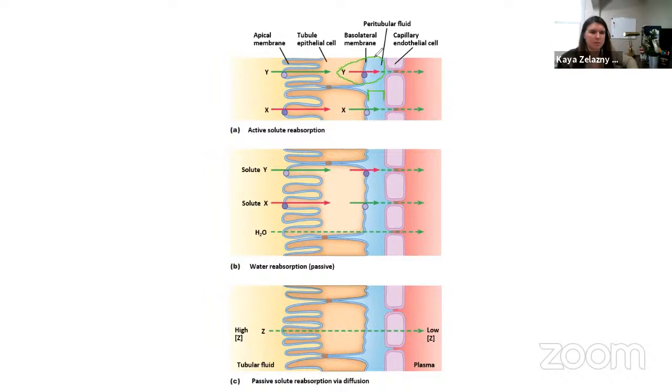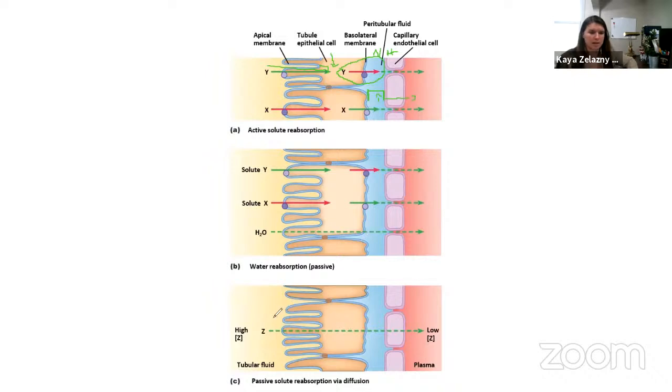So we pump sodium into this peritubular fluid, which is creating low sodium inside the cell, which means that sodium moves passively down its gradient towards that area of low sodium, and then would be pumped into the peritubular fluid, creating high sodium here in the peritubular fluid, which can then move passively into the capillary down its gradient again. So that's what's going on with sodium.